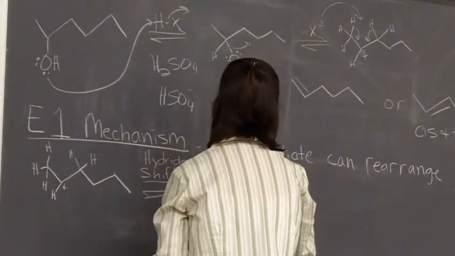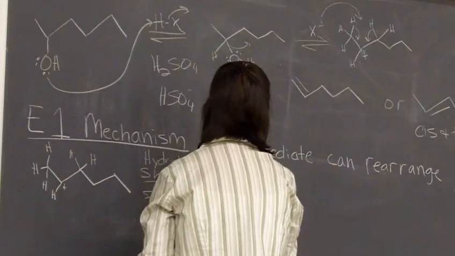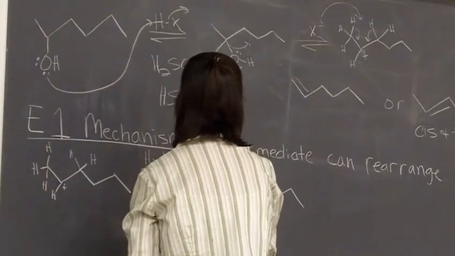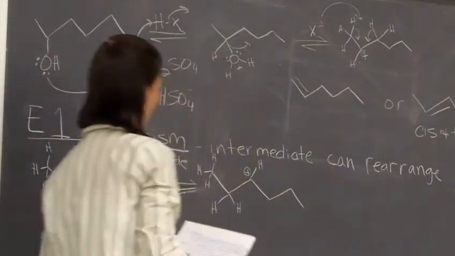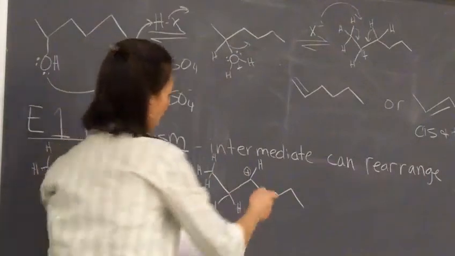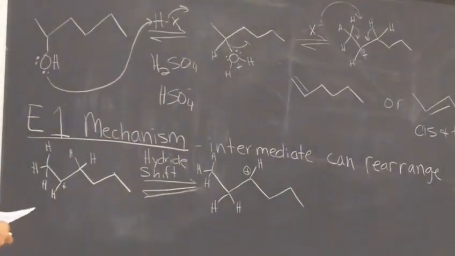And so we could move the carbocation here. And so you could get this carbocation that then could form a double bond here or form a double bond there, okay?